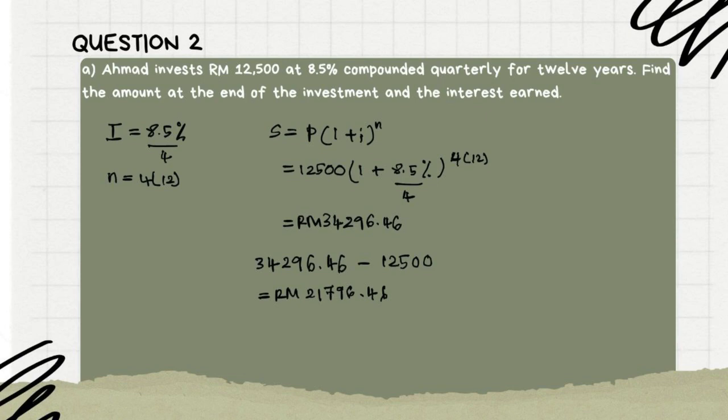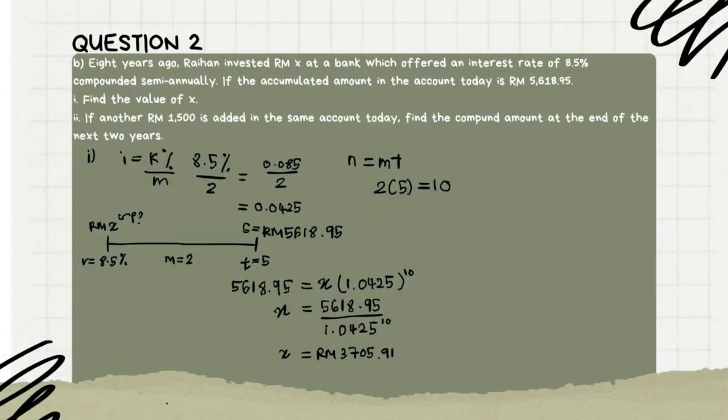So, RM34296.46. Then 34296.46 minus 12500, and the last answer is RM21796.46.